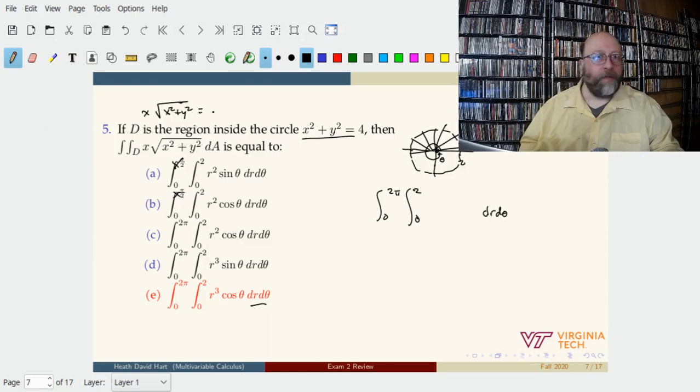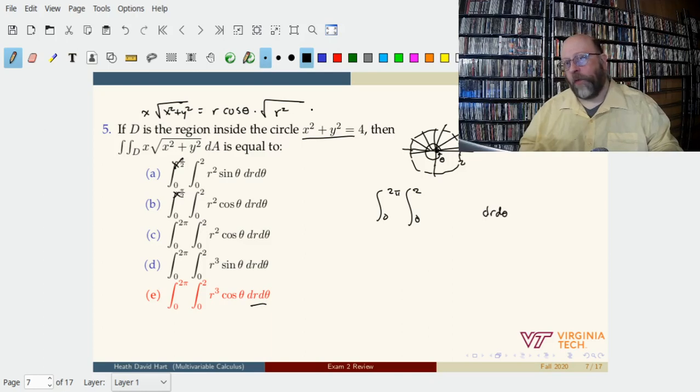Well, x is r cosine theta, and the x squared plus y squared is r squared, but the square root of r squared is just r. And so we get r squared cosine of theta. But in polar coordinates, we also have to multiply by r.